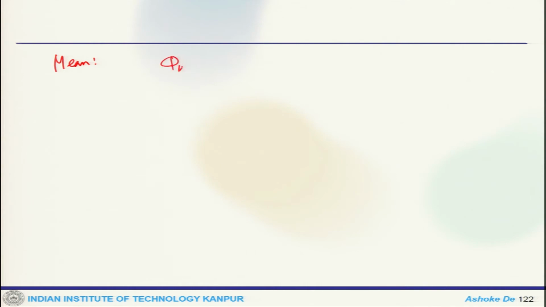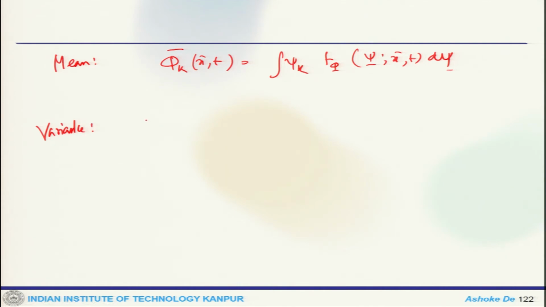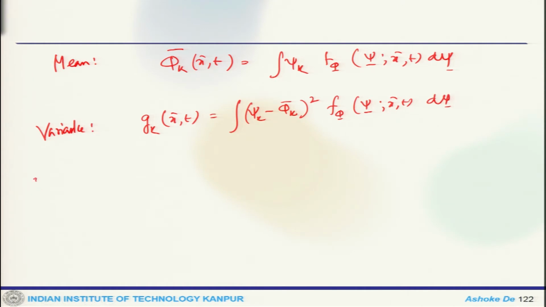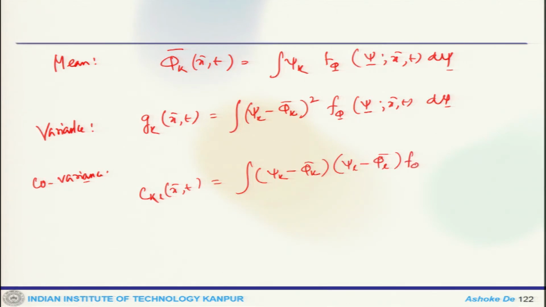So, the mean phi k, x t would be the integral of psi k, f phi psi x t d psi, and the variance would be the integral of psi k minus phi k squared, f phi psi d psi, and the covariance C k l x t would be the integral of psi k minus phi k times psi l minus phi l, f phi psi x t d psi.